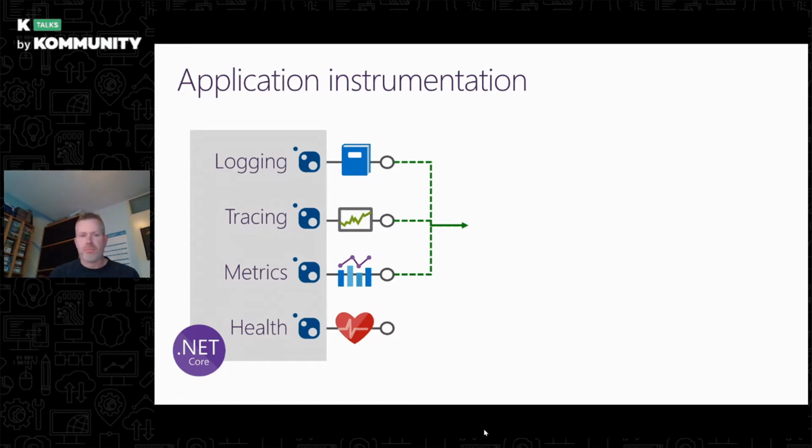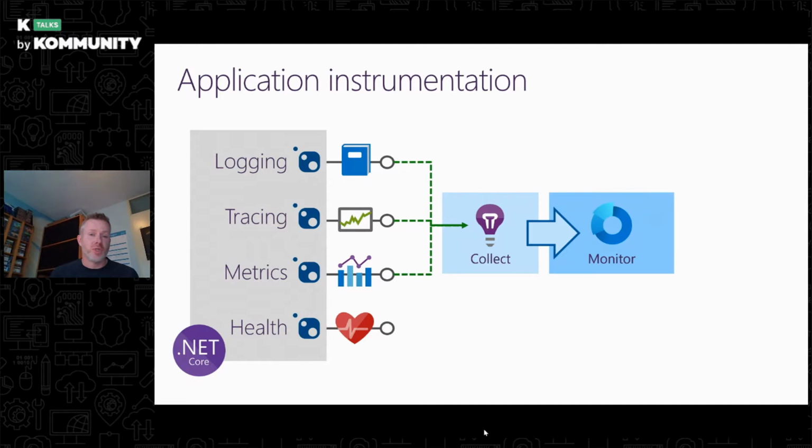And these individual parts, the logging, tracing, and metrics, will all be collected because they are pushed out and they need to be collected by something that stores, correlates, and aggregates it. So it's being sent from your application to some destination, which is when you are able to collect it, you can send it to your monitor.